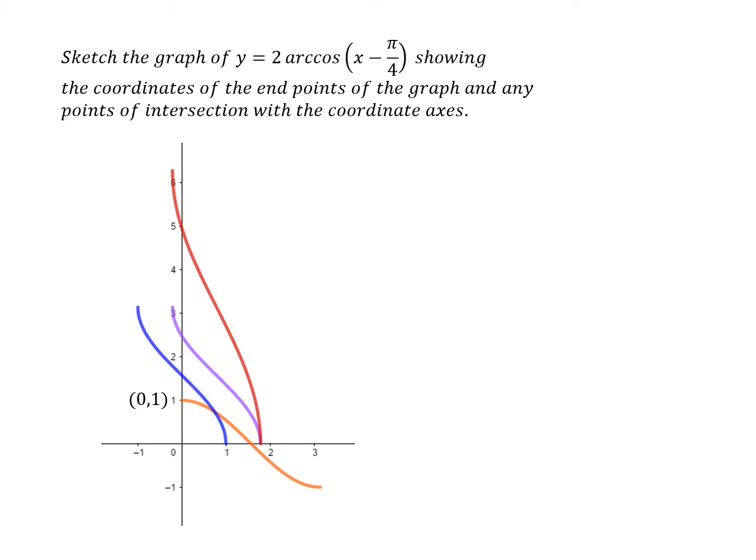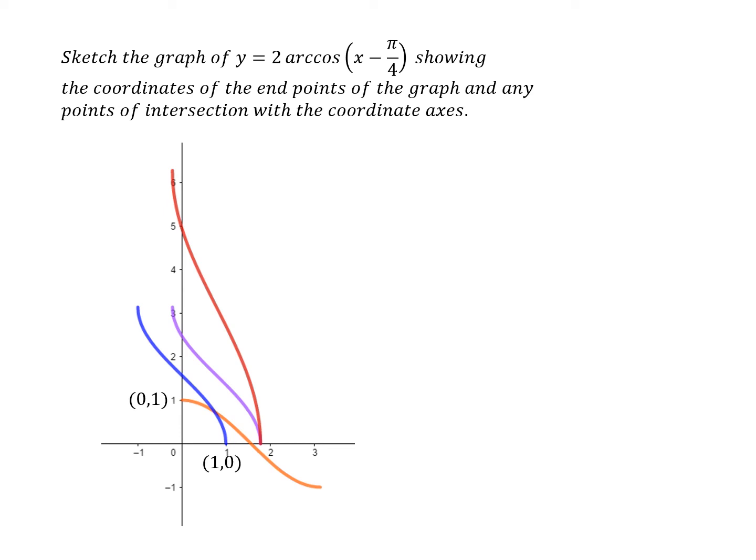So we need to find the endpoints of the graph now. To find one of the endpoints, I'm going to track the endpoints of the graph of cos x, starting with this point here, (0, 1). And that transforms, when we go from cos to arccos, (0, 1) goes to (1, 0).